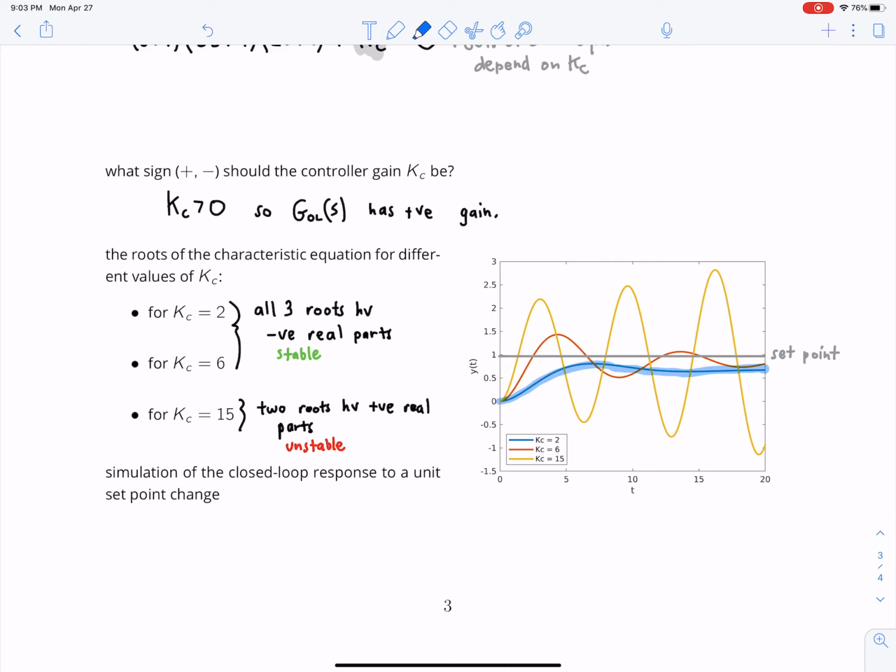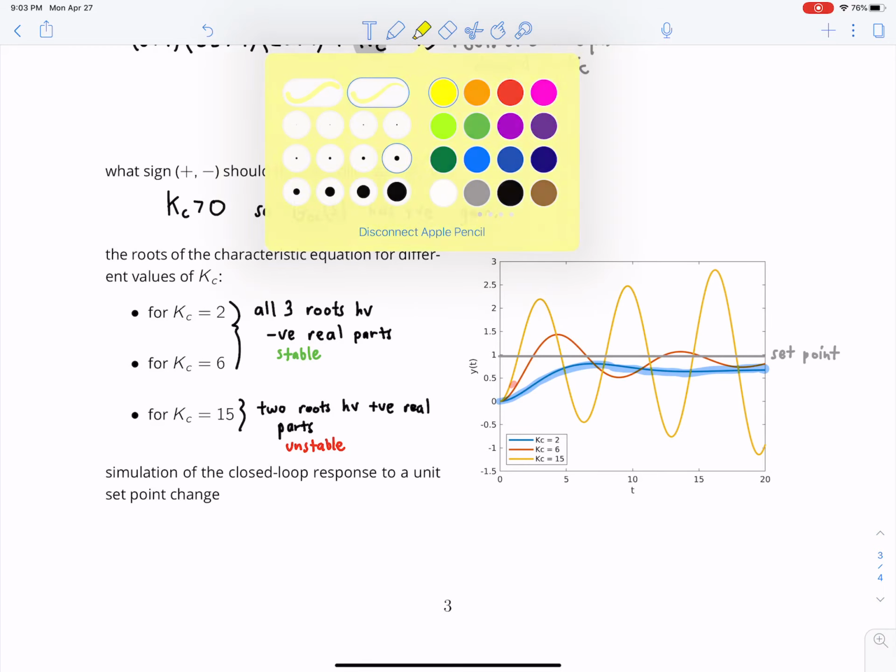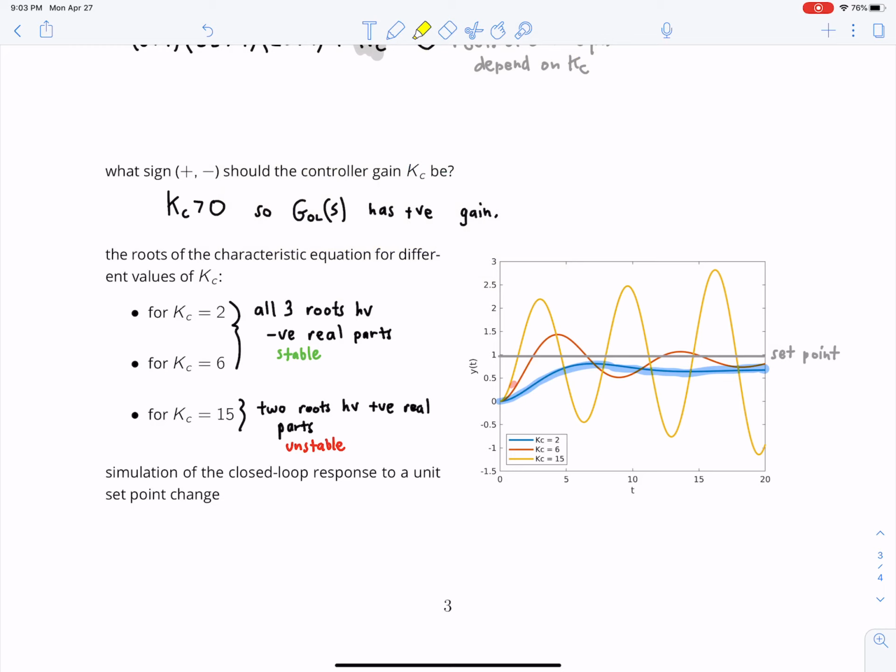There is offset, but it's stable. If you increase the controller gain, Kc equals 6, you see it overshoots the set point and you get more oscillations. Still stable. However, if you jack up Kc to be 15, then you see quite a large overshoot, and the amplitude of those oscillations grows unboundedly. That's what we see in this simulation.